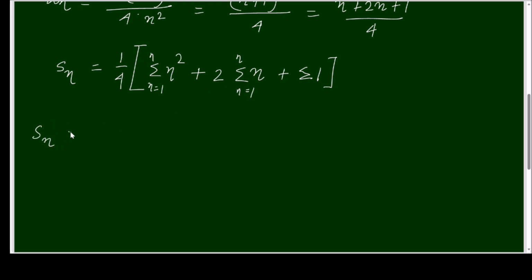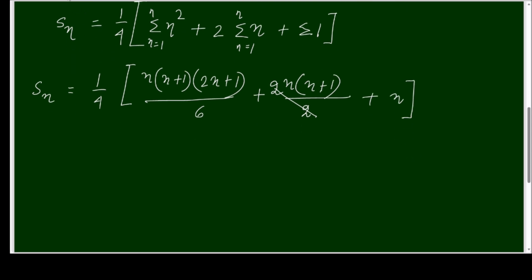And we know the summation of n square will be n into n plus 1 into 2n plus 1 whole divided by 6. And the second term is n into n plus 1 by 2. There was a 2 in the numerator and 2 in the denominator, this will be cancelled. Plus this is n.